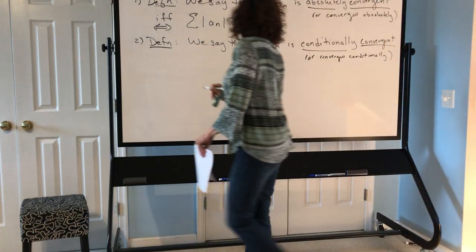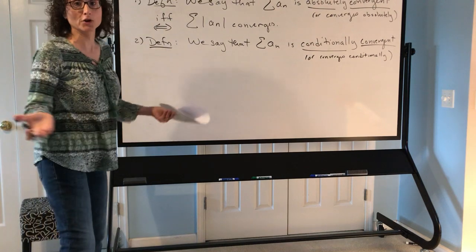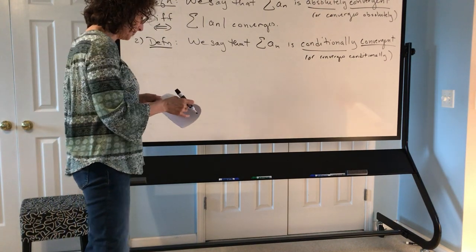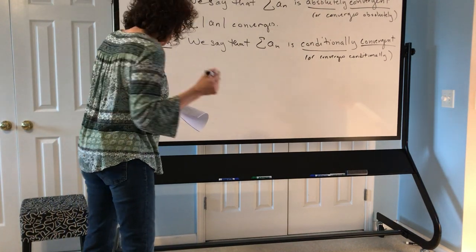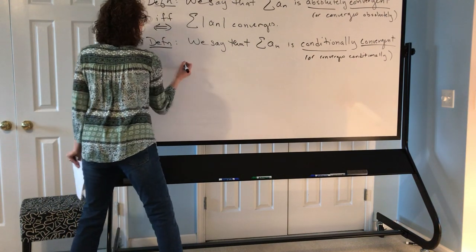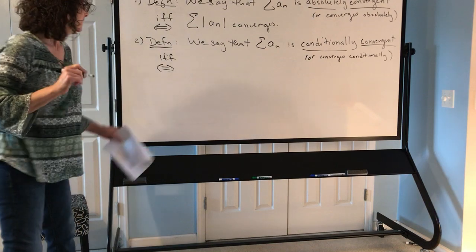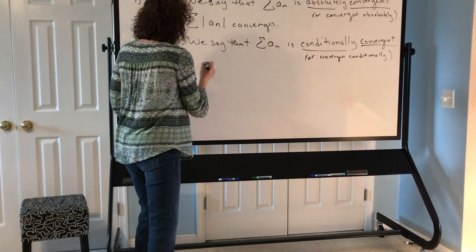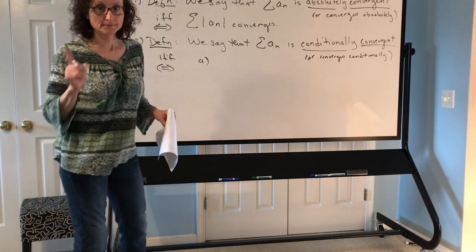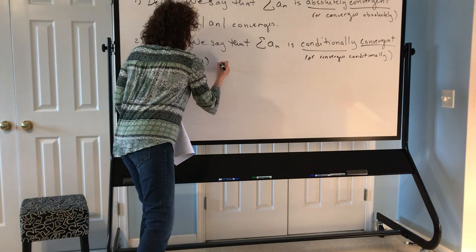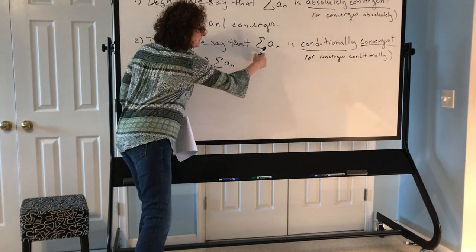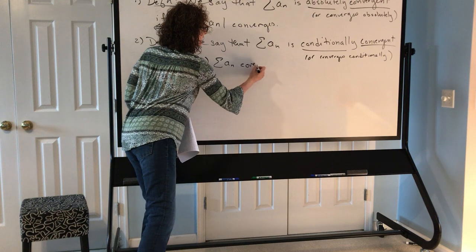Okay? What does that mean, right? We need to know what these things mean when we're talking about them. So what does that mean? Conditionally convergent. So we say that if and only if, so here's what it means, right? First of all, what it means is the series itself converges.